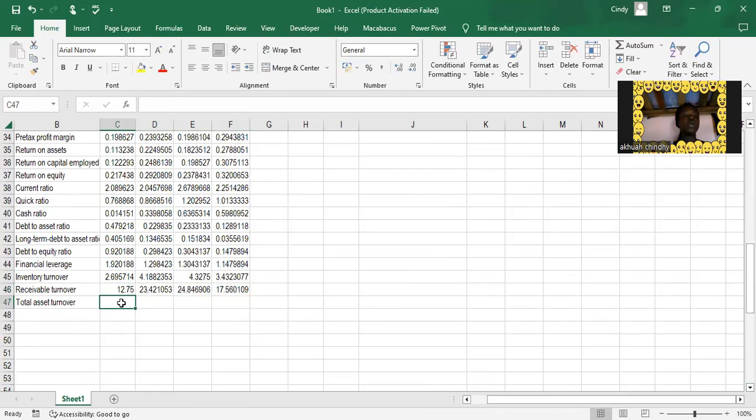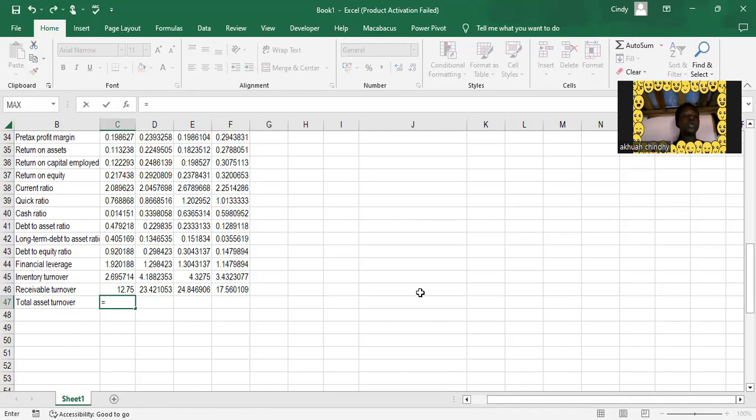All right, so total asset turnover. Here it's a turnover, meaning the total assets are going to be the denominator, and it's related to sales, because the assets we have are what we use to generate the sales, right? If you want to know the turnover, how much sales we get from our assets, so how we use our assets to get sales, the sales will become the numerator, and the total assets will become the denominator.